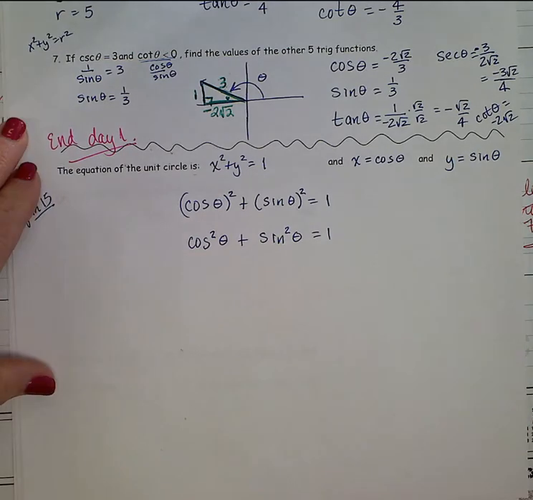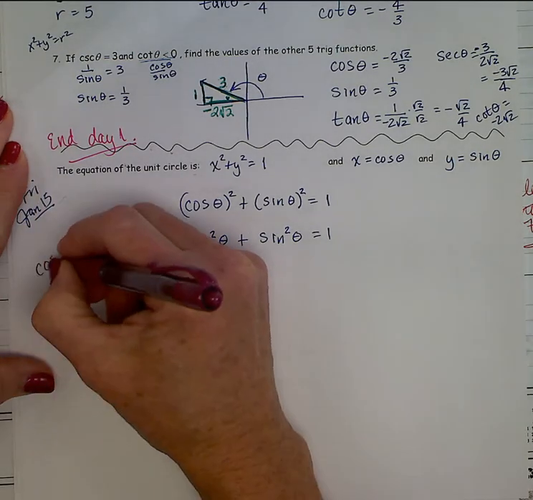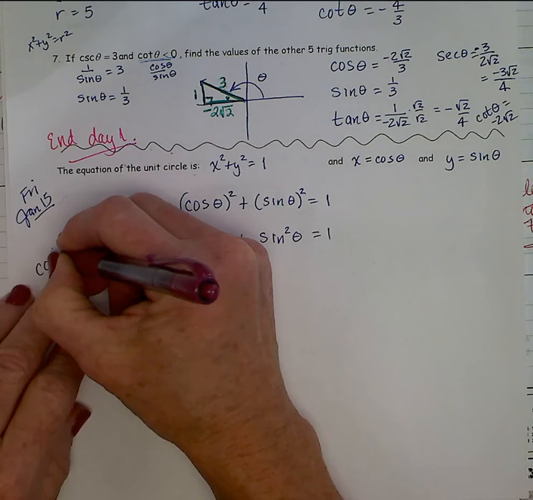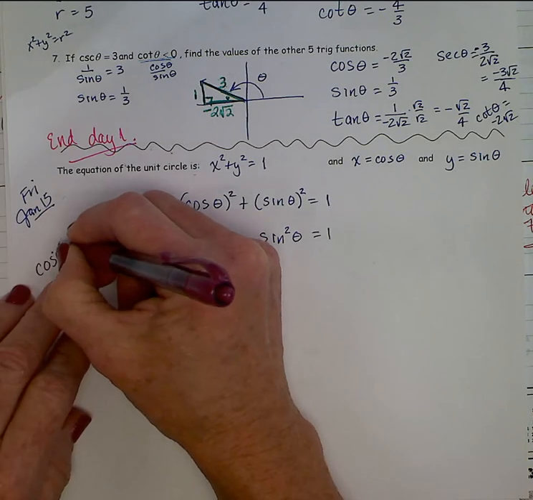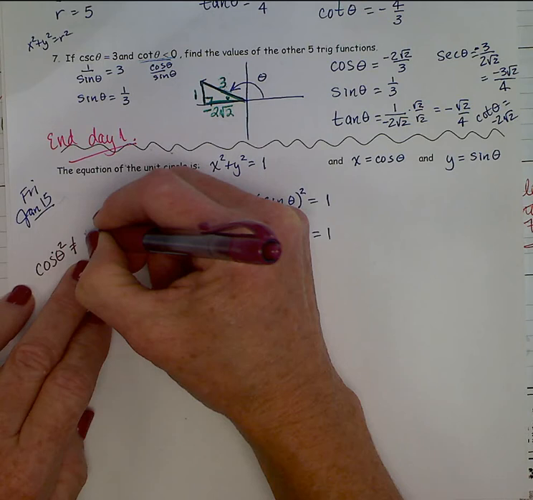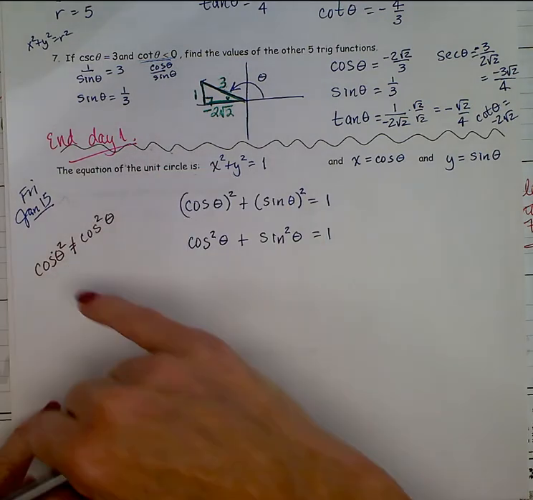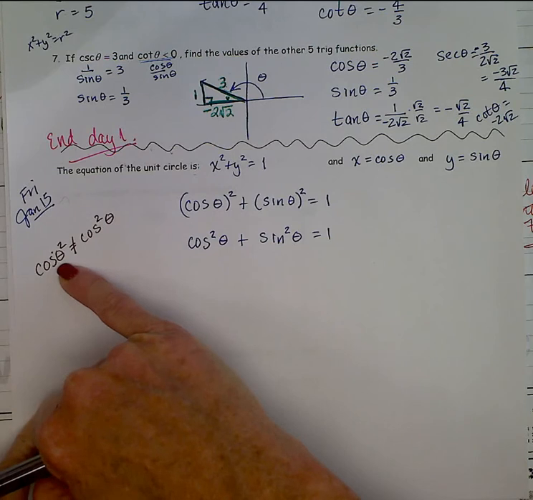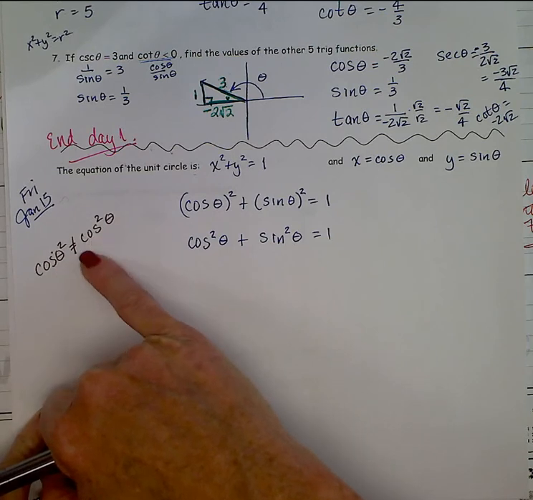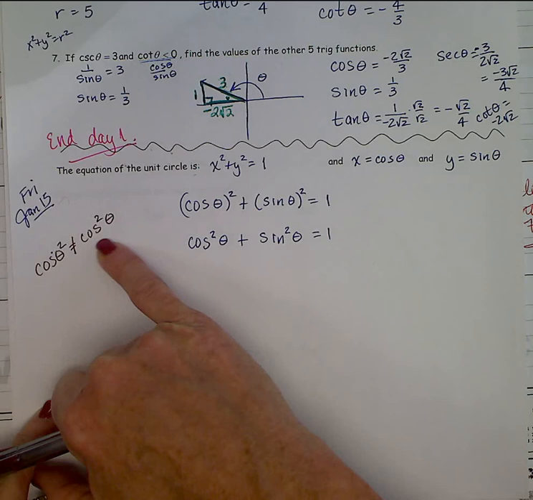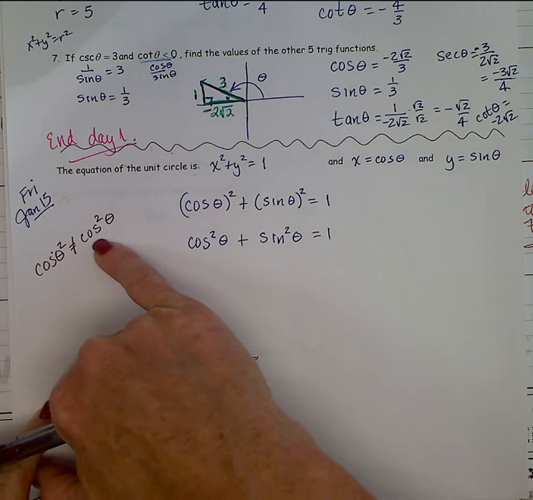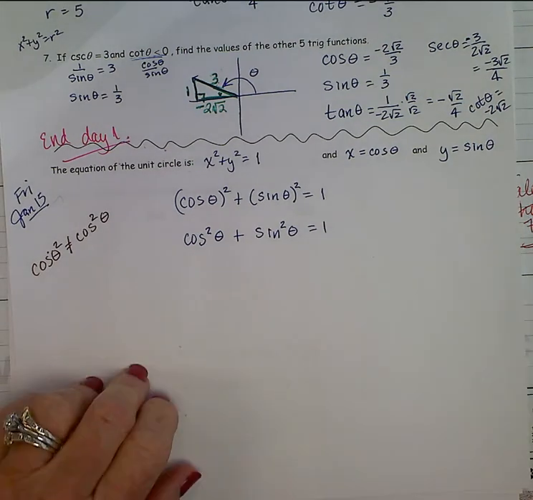Important note: cosine of theta squared is not equal to cosine squared theta. On this one, the theta is squared, and on this one, the x coordinate on the unit circle is the one that's squared. So be very careful about that notation and what it means.